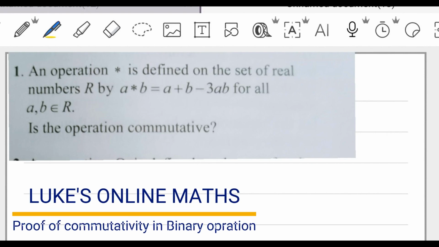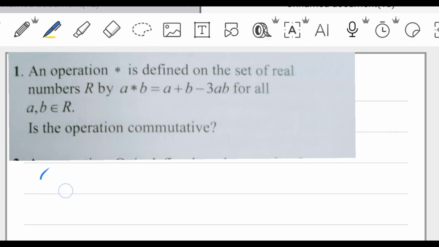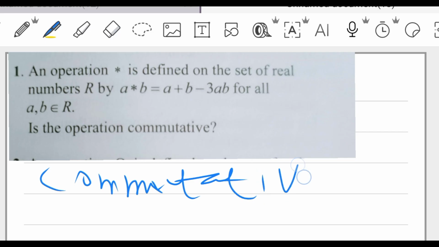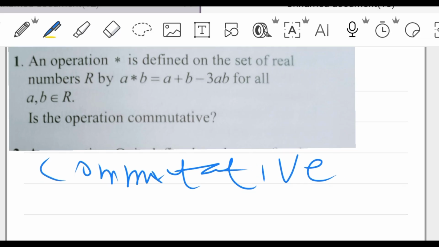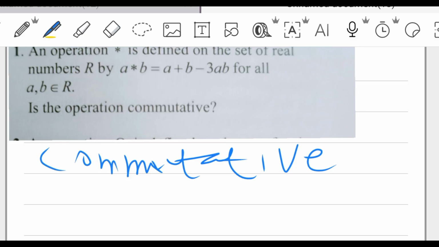So we want to solve this question as we try to understand properties of binary operation. We'll be looking at the commutative property. In this context, we also have the associative.